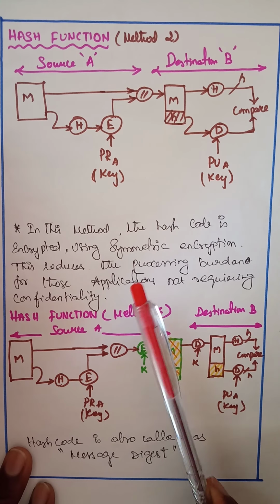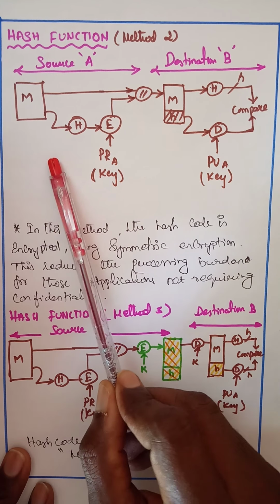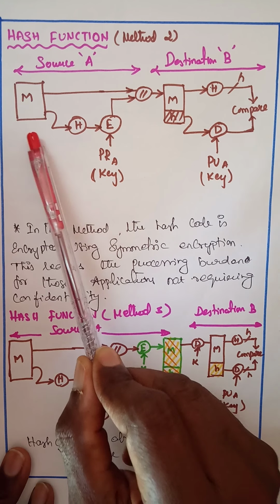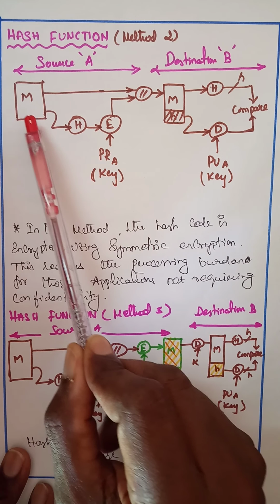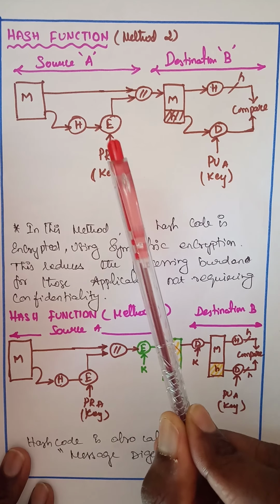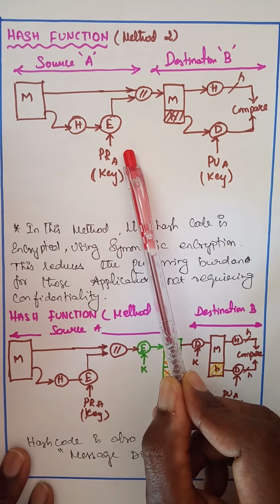In method 2, we are transmitting the message without encryption. We are not doing any encryption on message M, whereas we are doing encryption on the hash code.